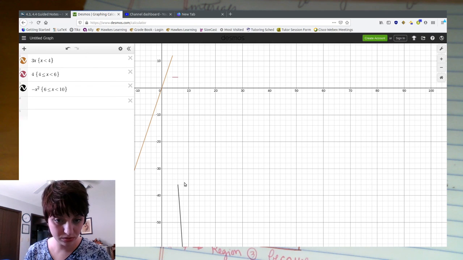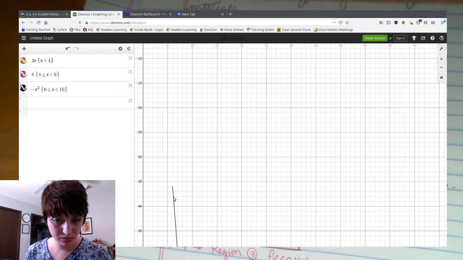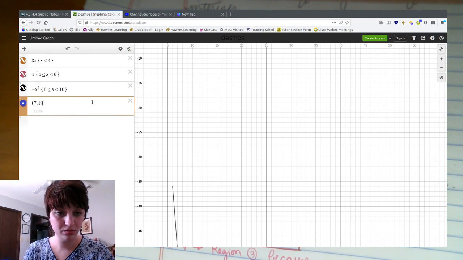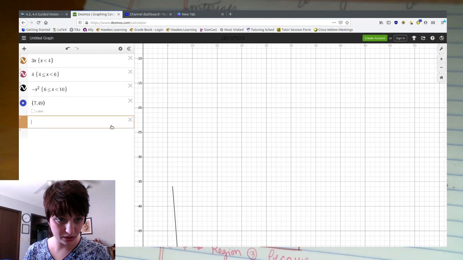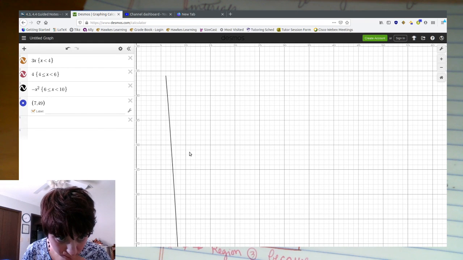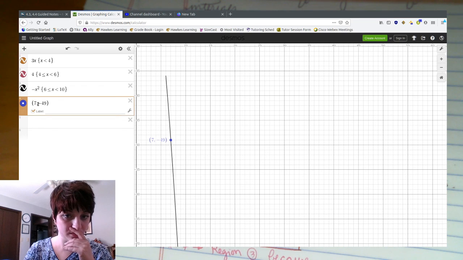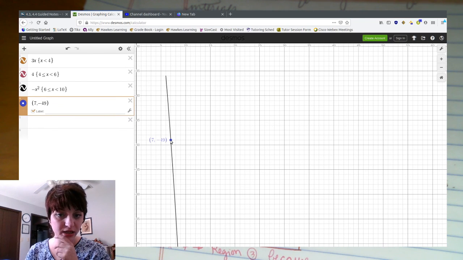Let me actually just plot the point. 7, oh, sorry, negative 49. There it is. Okay, so 7, negative 49 does lie on the graph of my piecewise function, just like we wanted to see.